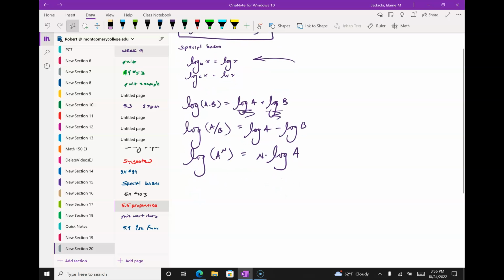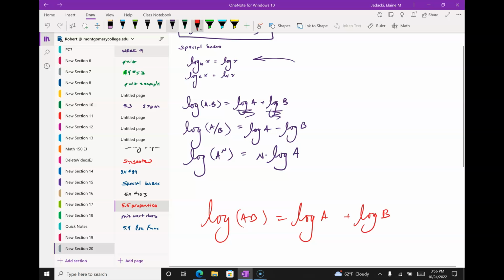So let's start with this. This really translates to what? Well, let's do it this way. Let me take this whole property, and on the right-hand side, let me rewrite.